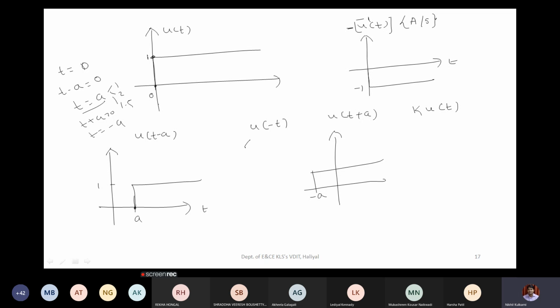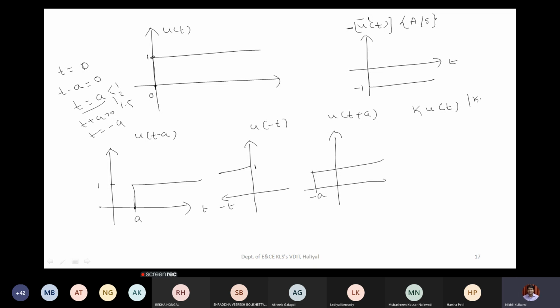And u of minus t means what? Just now we have seen mirror image. So it will be 1, and it will be occurring at minus t. And some k times u of t means what?